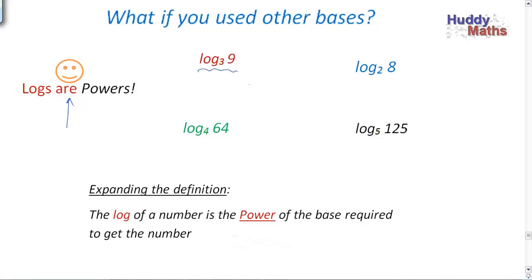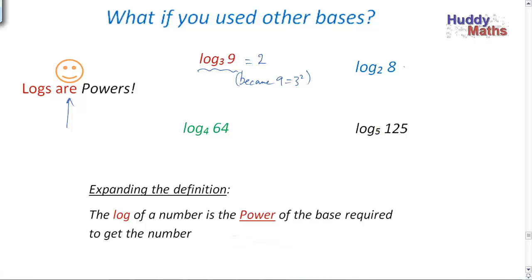Could we say log to the base 3 of 9? What power would you raise 3 to get 9? Is that doable? Yeah, 9 is 3 squared. So you could say the log to the base 3 of 9 is 2. And I'll put in brackets here, 9 is 3 squared.